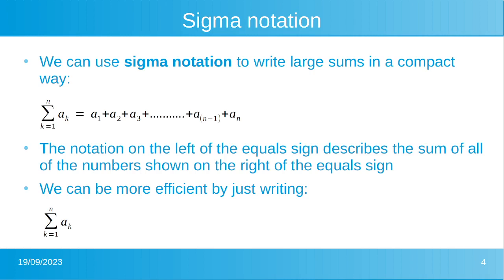If we have a look at this equation here, the notation on the left of the equal sign is sigma notation, and it's describing the sum of all of the numbers shown on the right of the equal sign. If we were summing a very, very large number of terms, we can be more efficient by just writing the sigma notation.